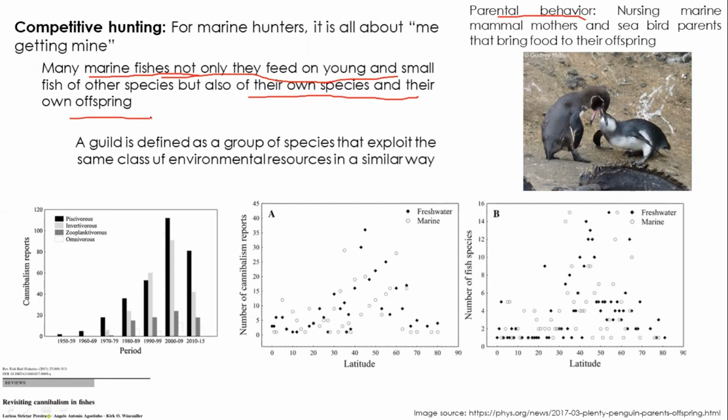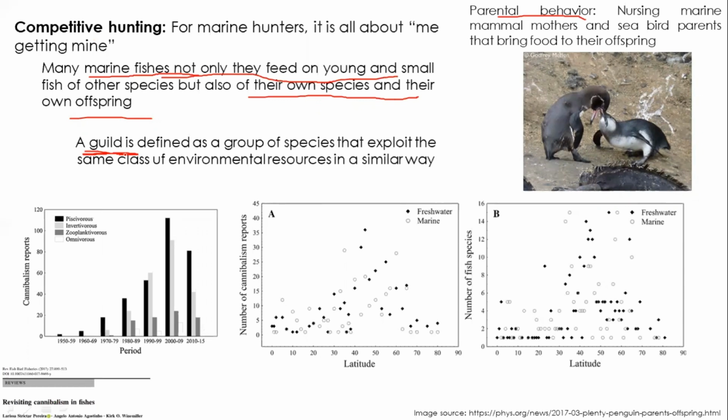Okay. And one important terminology which you should keep in mind: a guild. A guild is defined as a group of species that lives in the same environment and uses similar habitat or similar resources. Why am I saying guild is important here?